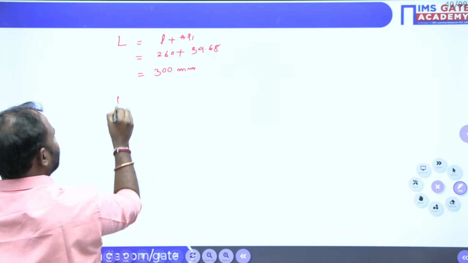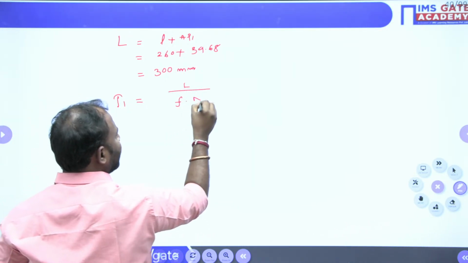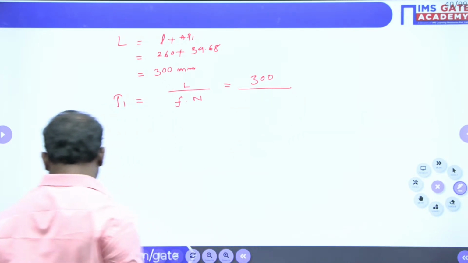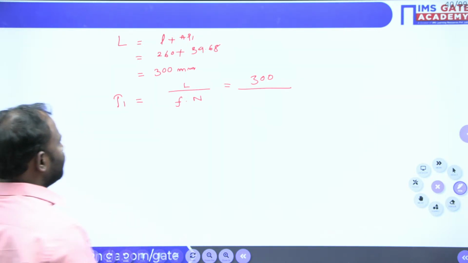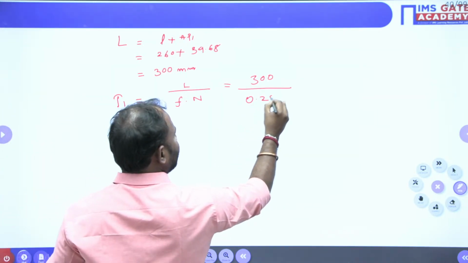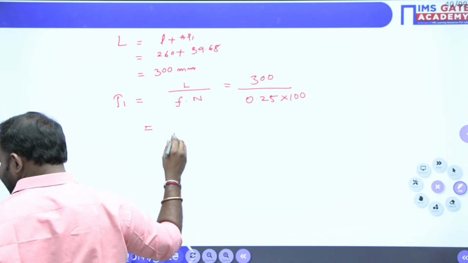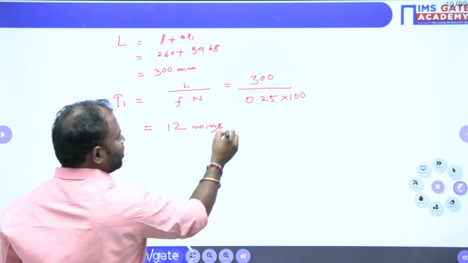Now T1 is equal to L by F dot N. L is 300, F is 0.25, and N is 100. If you solve this, you are going to get 12 minutes.